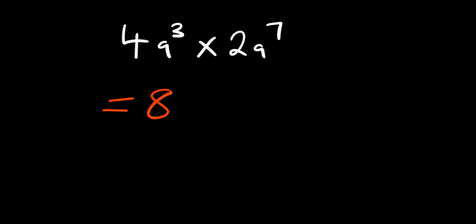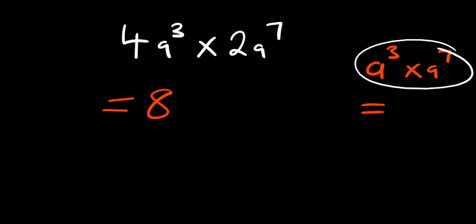Then we're also going to multiply the letters: a to the power 3 multiplied by a to the power 7. So what did we say when you have such an expression? This is about indices, right? Because the bases are the same, you're going to have a.